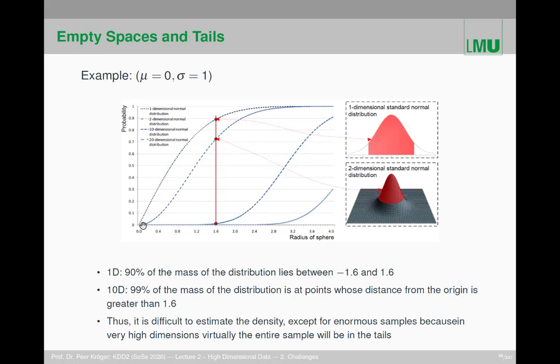Here is an empirical example of how that scales with dimensionality. This gives you the radius of the sphere around the mean of the distribution, and this is the probability density. For a radius of 1.6, going around the mean 1.6 in the left direction and 1.6 in the right direction, in the one-dimensional case 90% of the data points are covered by this radius.